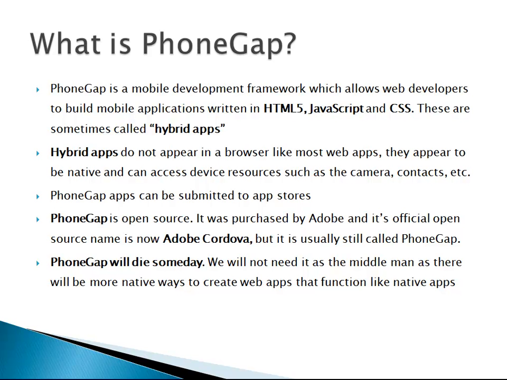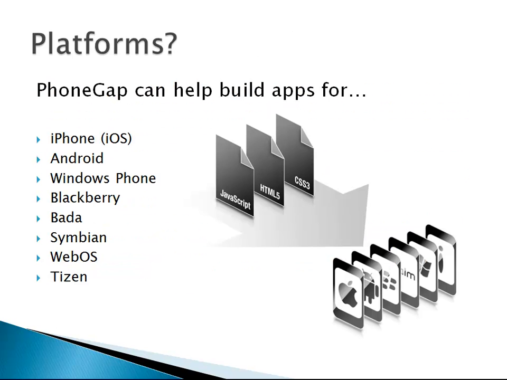And PhoneGap will die someday. It's even stated in their documentation that sooner or later there'll be APIs where we can deal directly with the device's hardware, like the camera and all that, without using PhoneGap. Because right now PhoneGap is the middleman that allows us to do that. So PhoneGap will go away, and we'll have more native-like access.